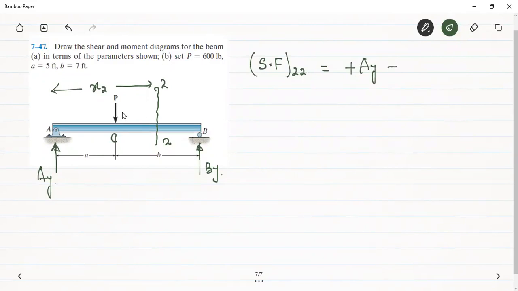And from the left hand side of the section, P is downwards, therefore it will be minus, as per the sign conventions. AY was 350.